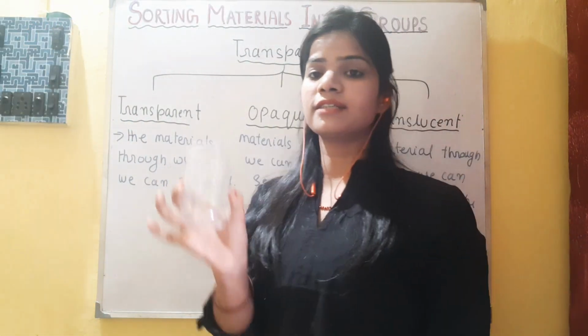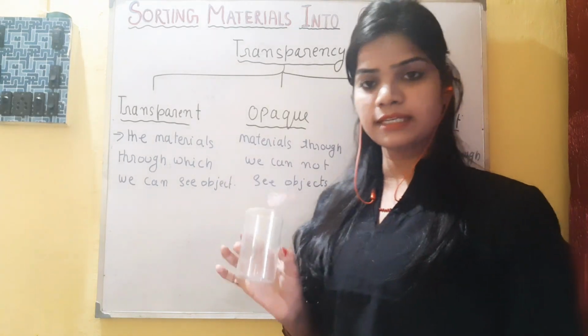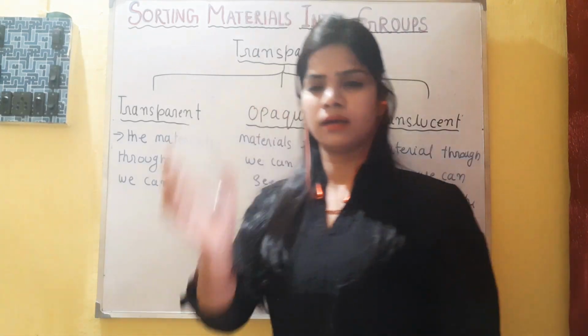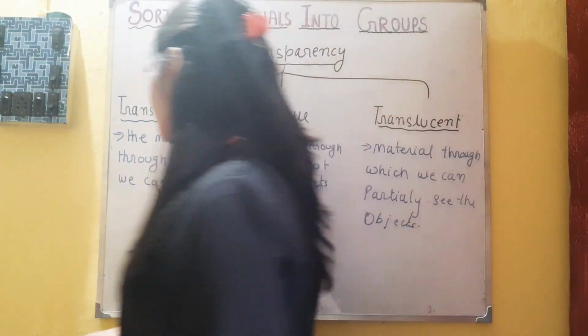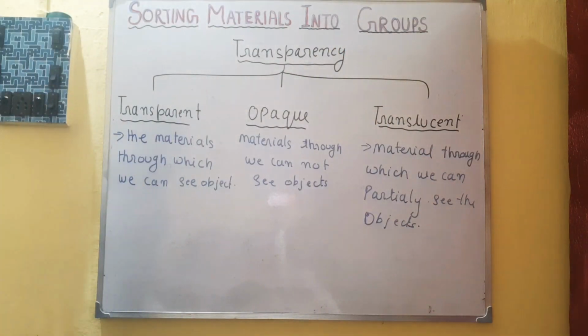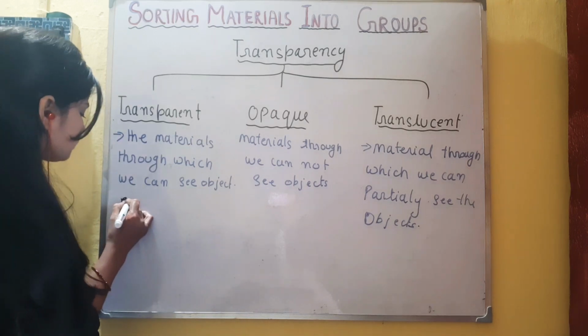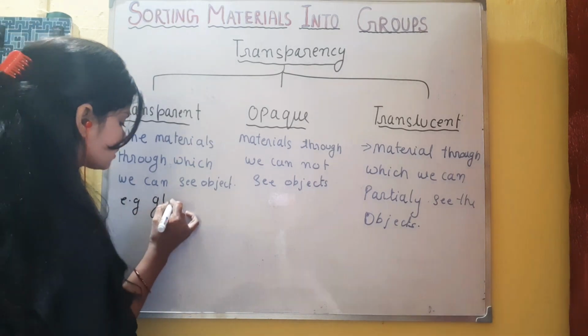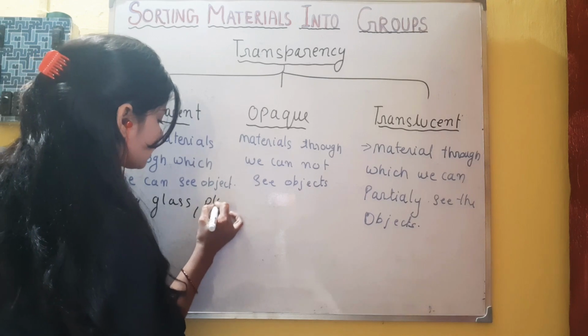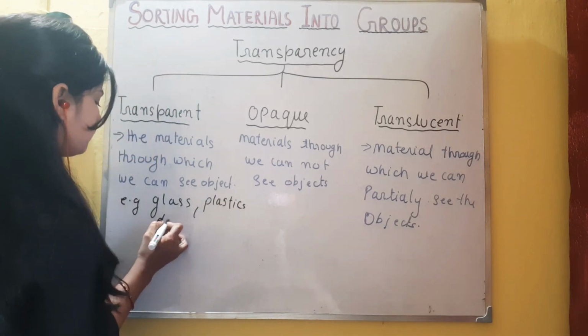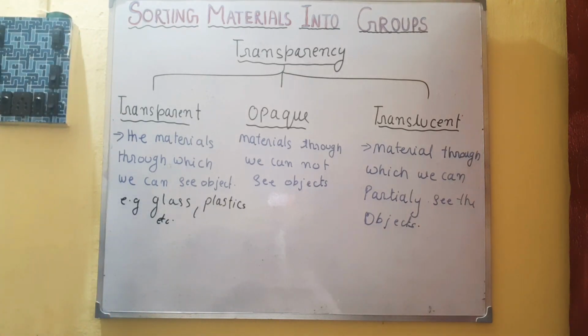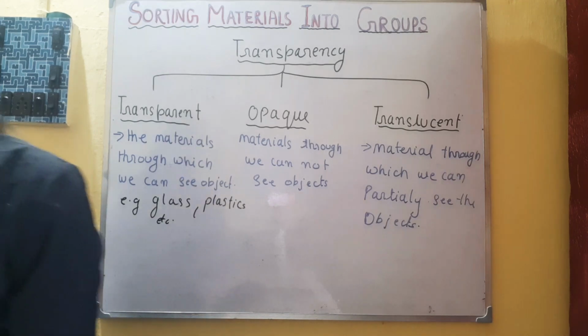So transparency is the property through which we can see the objects. For example, glass, plastic, etc. Okay, so glass and plastics are the materials through which we can see anything clearly.